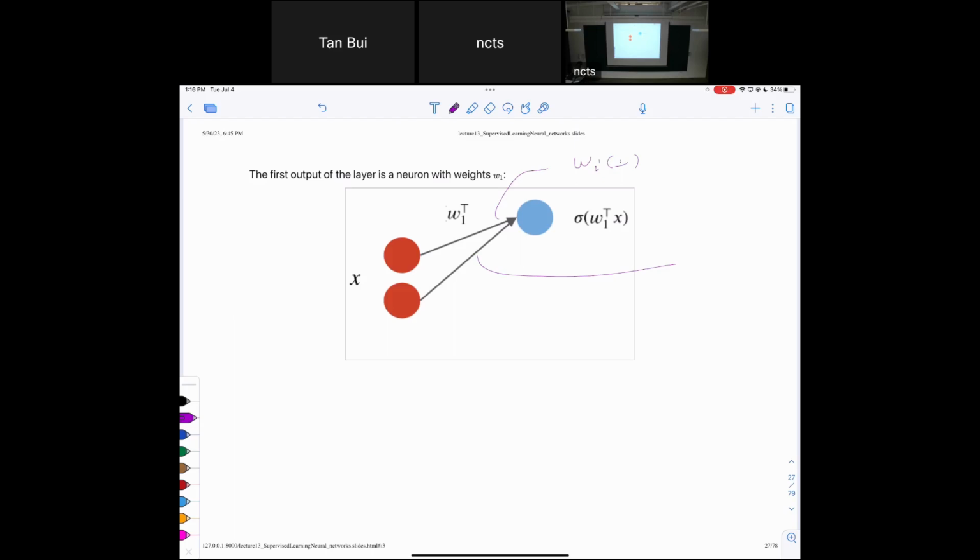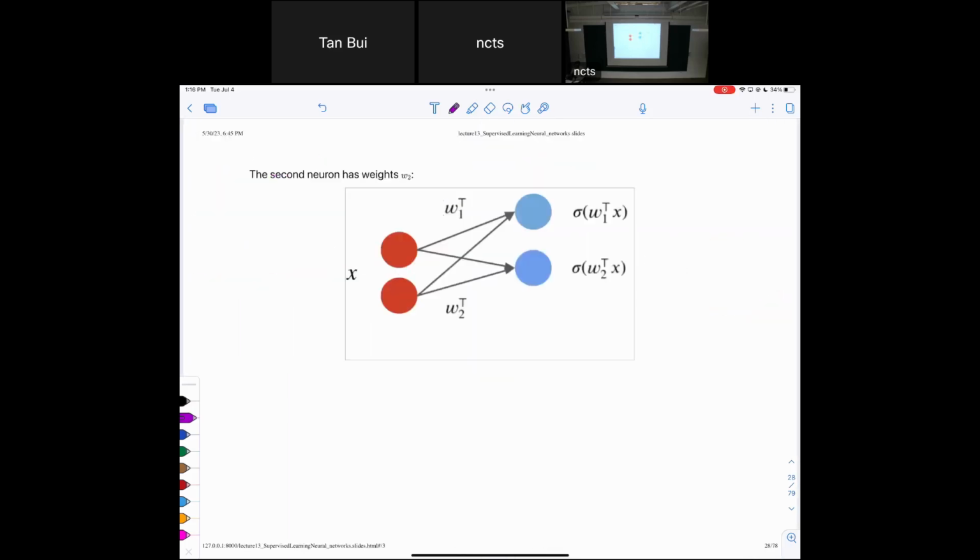X here, in our case, has D equal to 2, so X is in R^2. So what it does is you take X, multiply by the weights, the affine transformation, remember that, and then you act with the activation function.